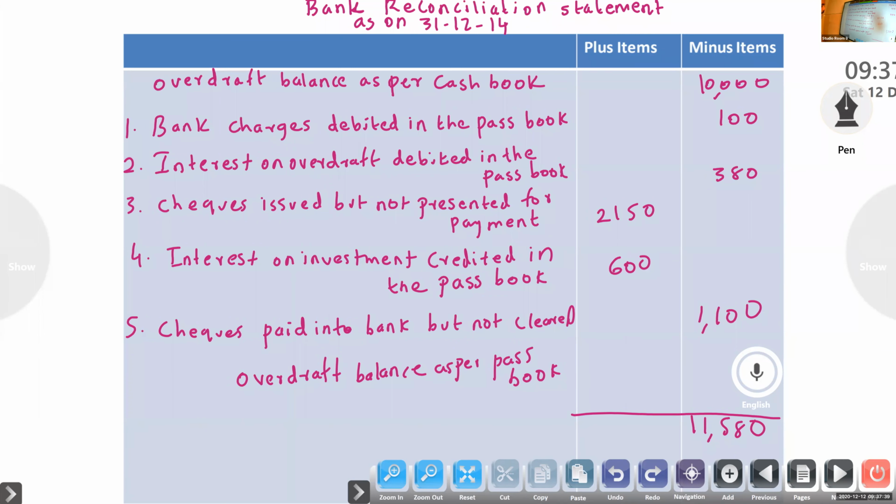Here plus item is less, there you have to write which side is less.